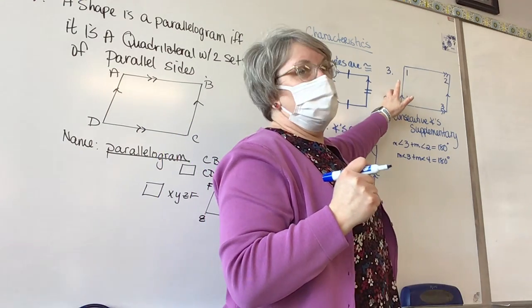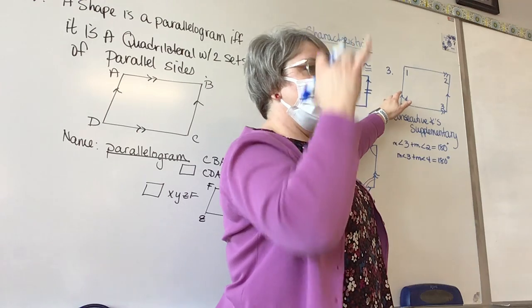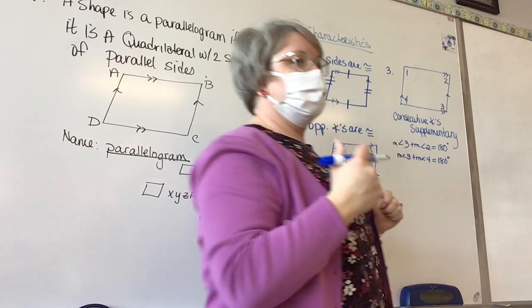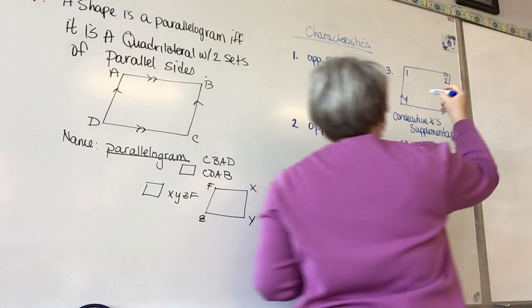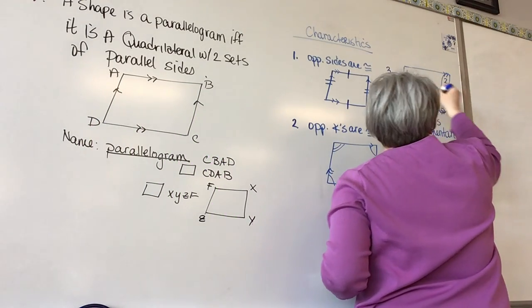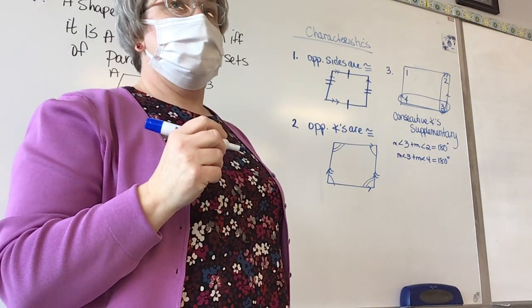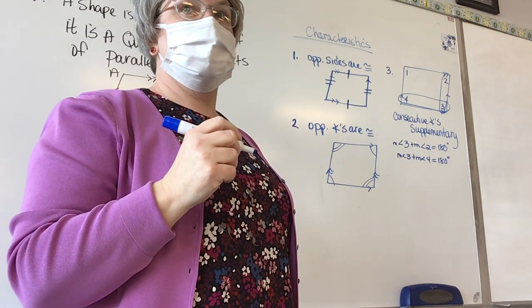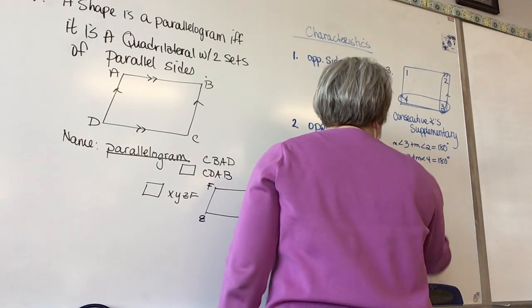What if I randomly picked angle 4? Who would be consecutive to 4? 1 and 3. So it doesn't matter where you start, you just got to go in both directions. Both ways. How's the third characteristic? Good?